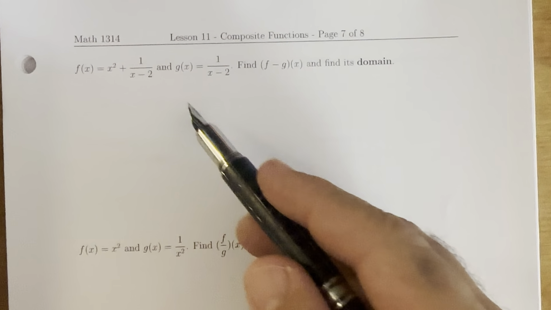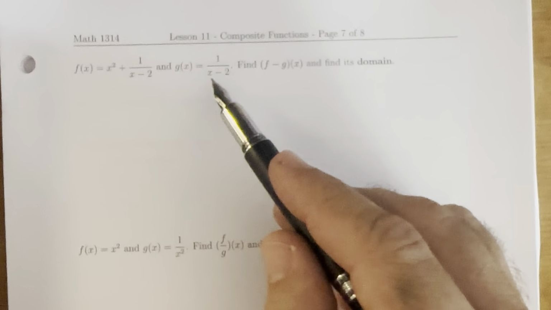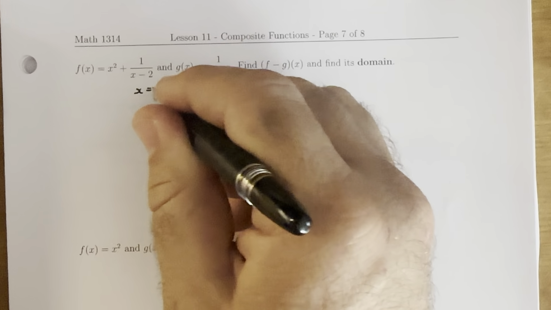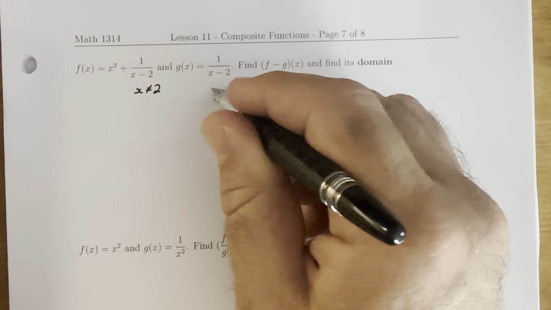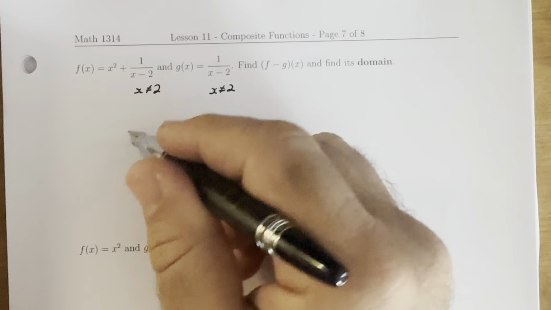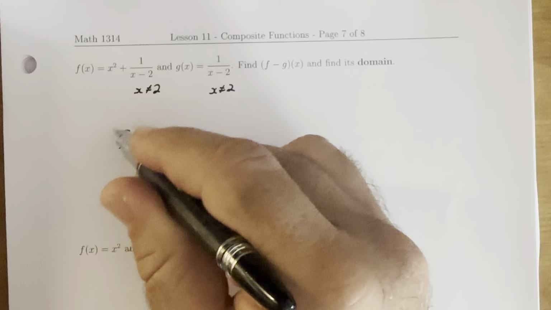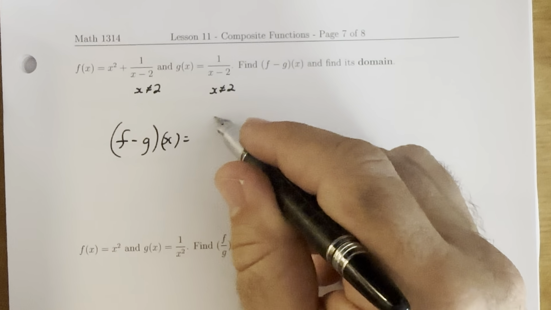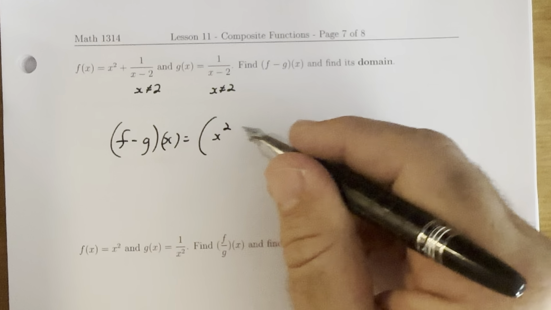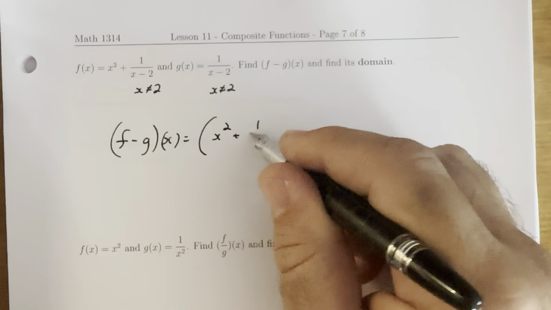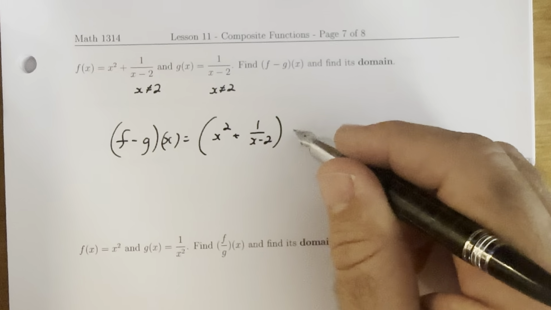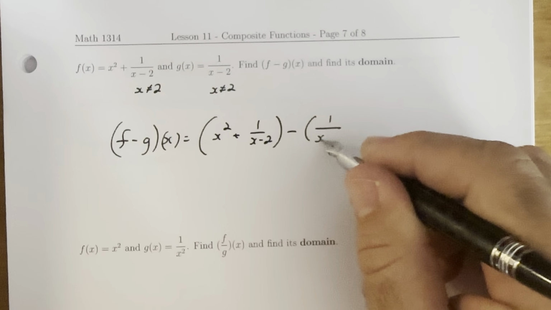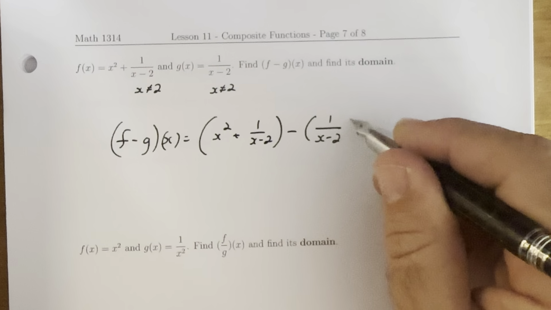We've got these two functions, and I'm subtracting g from f. Note that in both cases, f or g, x cannot be positive 2. And so let's go ahead and find f minus g of x. Well, that's going to be x squared plus 1 over x minus 2 minus 1 over x minus 2.